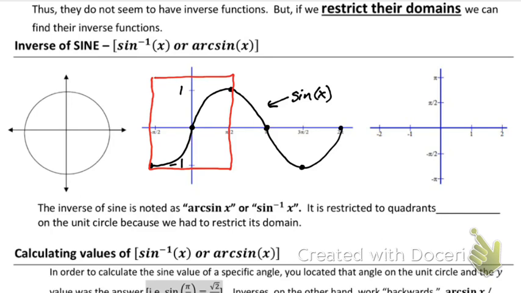However, that means for this inverse to work, the inverse only exists between -pi/2 and pi/2. So if you look at that unit circle on the left, we actually cross out all of this. And sine inverse only lives in quadrant 1 and 2.